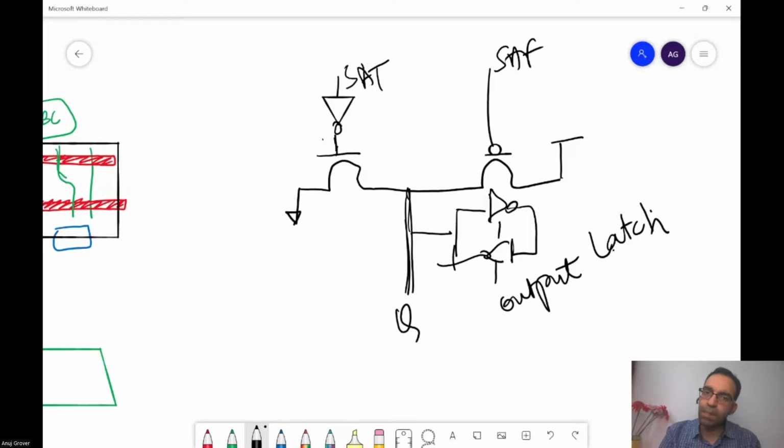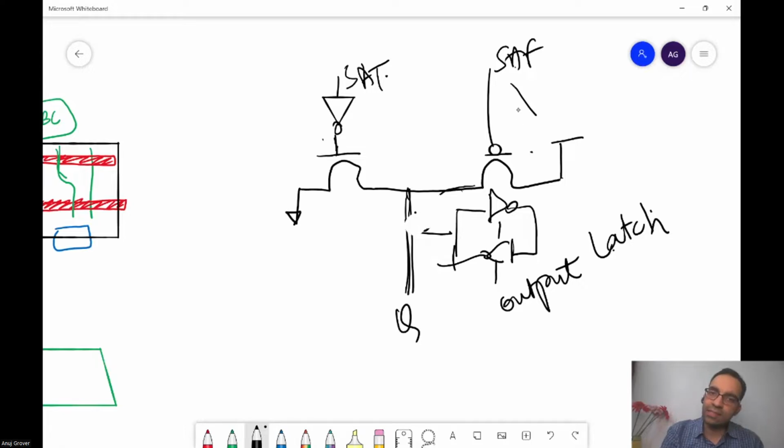But when the sense amplifier becomes operational, then what happens, either SAT or SAF would go to low. Let us say SAF went to low, then this PMOS will turn on and it will write a 1 onto this latch.